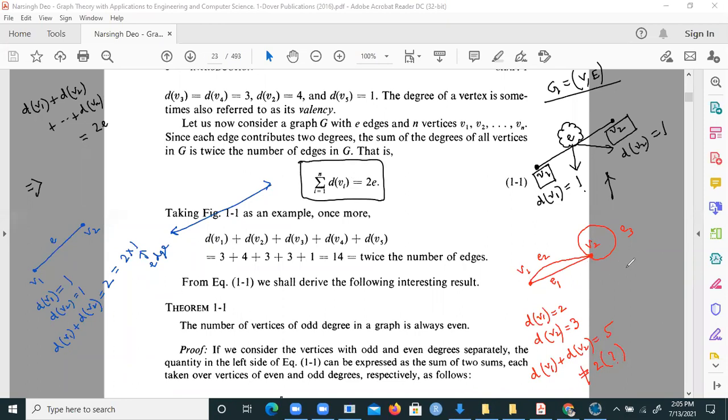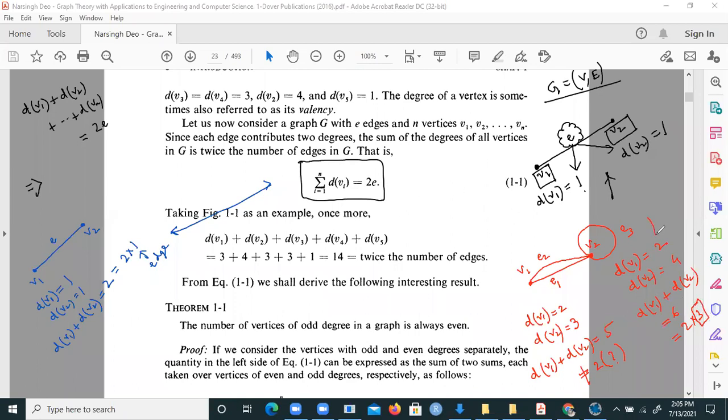But if the self loop is counted twice, then the degree of V1 is equal to 2 and the degree of V2 will be equal to 4. Then the degree of V1 plus the degree of V2 will give you 6, which is 2 into 3. Now you see, 3 counts your edges.